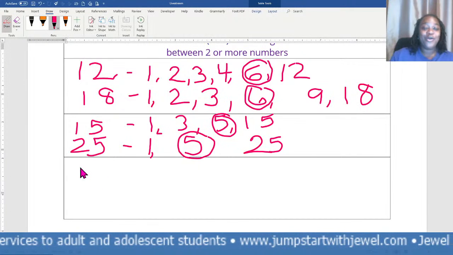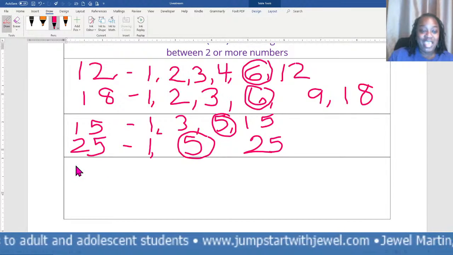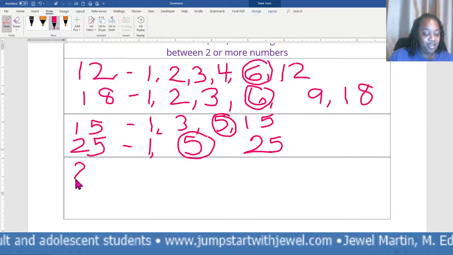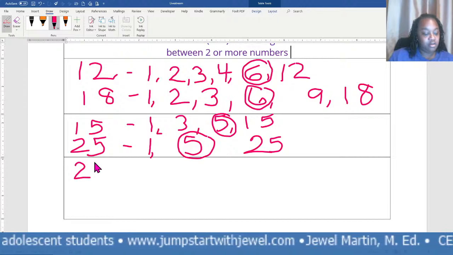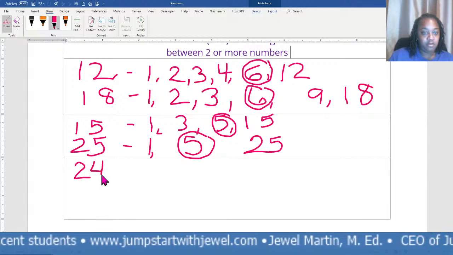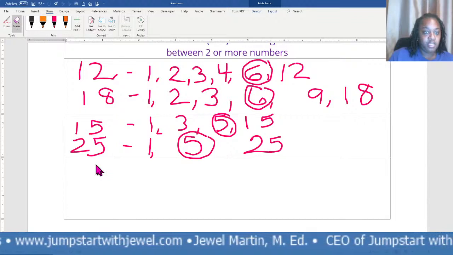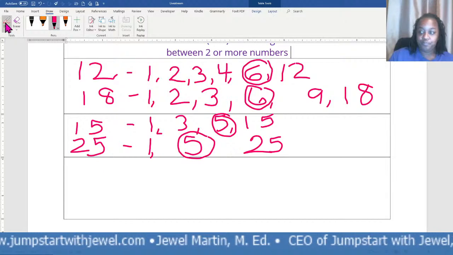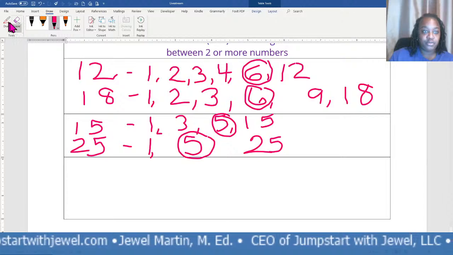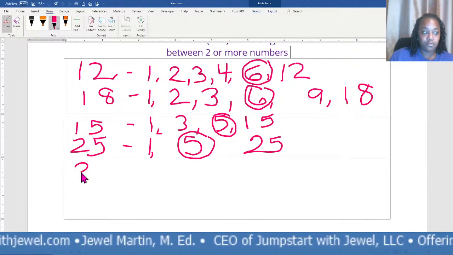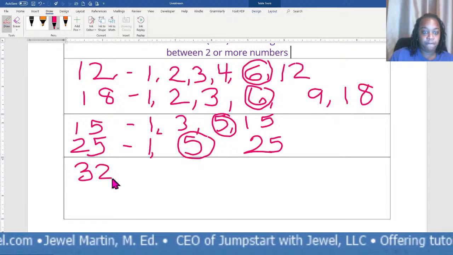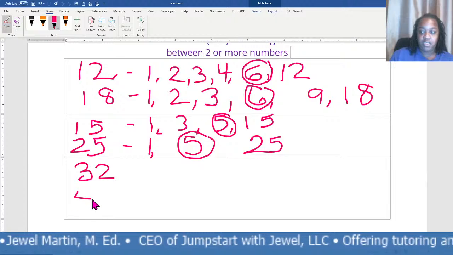Okay, so the next set, and we'll do one more set. Let's do 32 and 40.